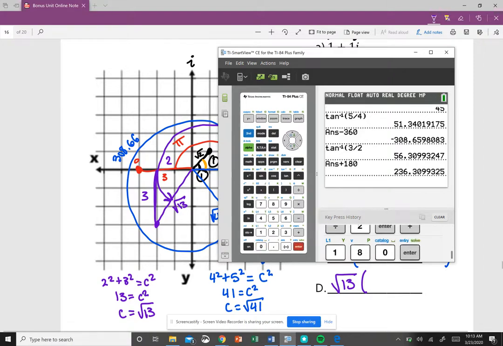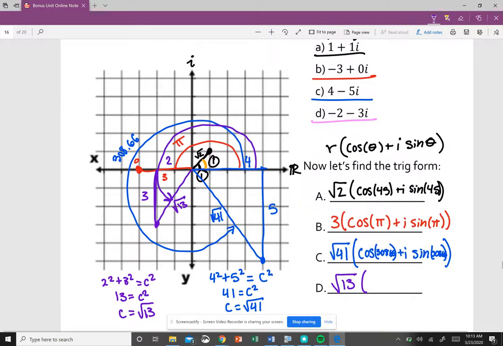And I get 236.31 degrees. So then this would be cosine 236.31 plus I sine of, and I'm going to do it sideways, 236.31.